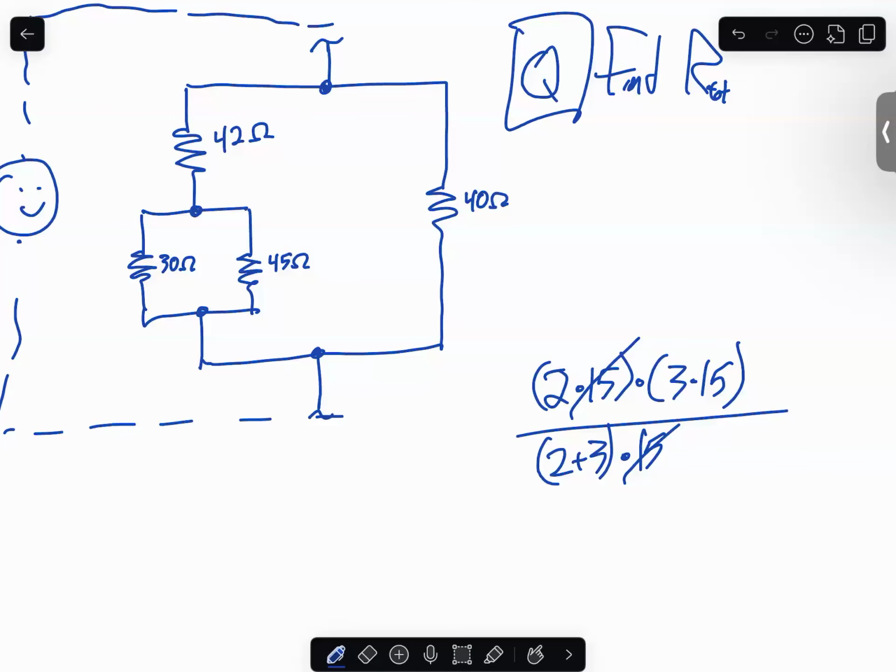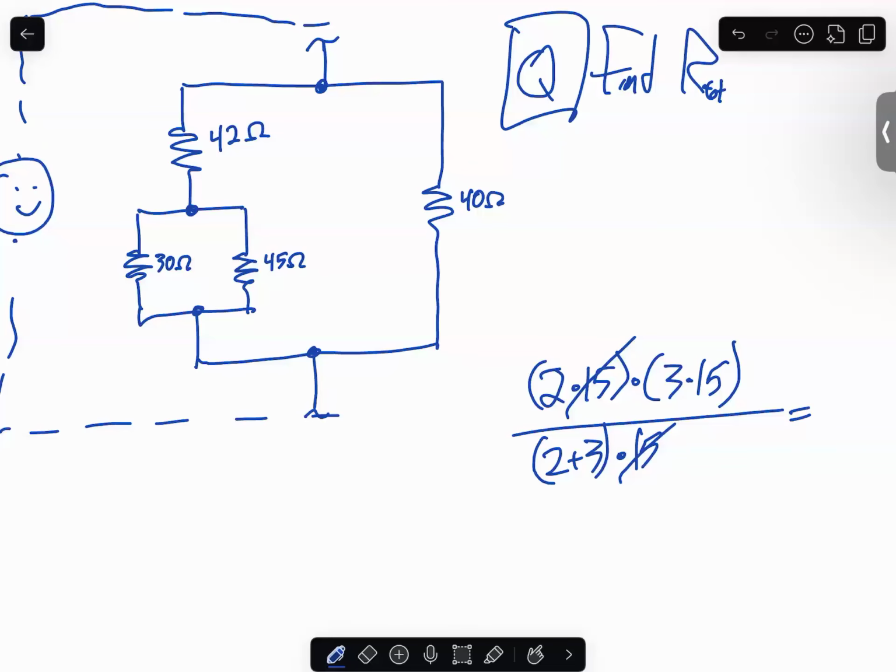But I do know that if I express 30 and 45 as multiples of a least common denominator, 30 is 2 times 15, 45 is 3 times 15. The product over the sum formula gets real simple, right? 15 over 15 dies, and I get 6 times 15 over 5. What's 15 over 5? 15 over 5 is 3. What's 3 times 6?